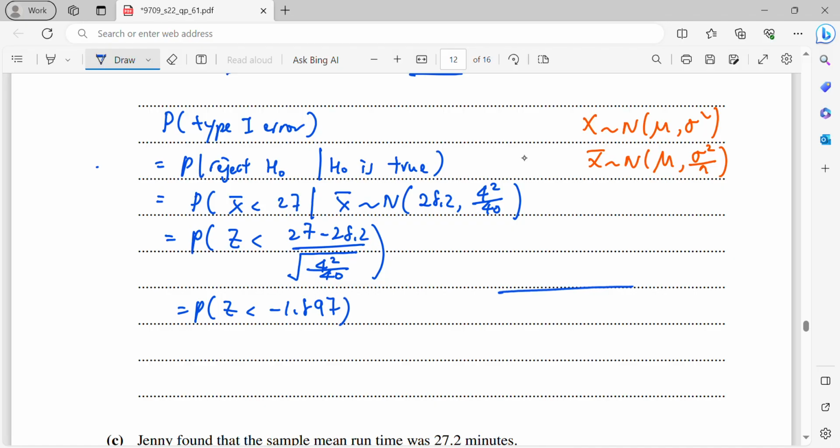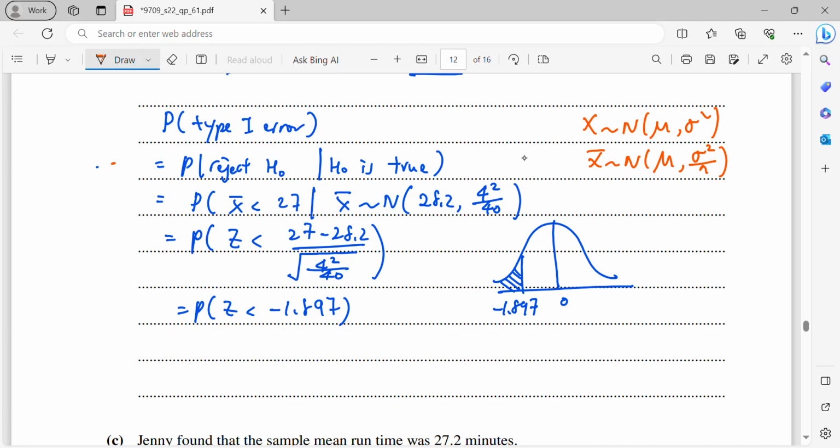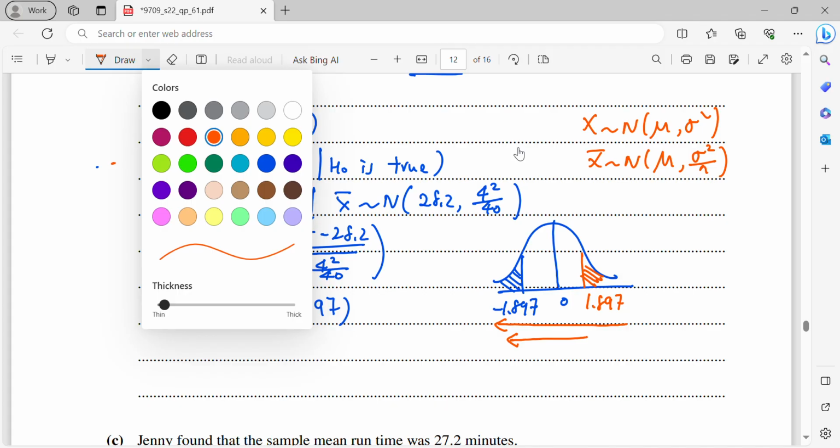Then I will have to sketch a graph. Let's say here is negative 1.897, here is 0. To get this probability, I need to reflect it to the positive side. So it becomes 1.897, but the region is towards the right side. So the total probability is 1 minus P(z less than 1.897).